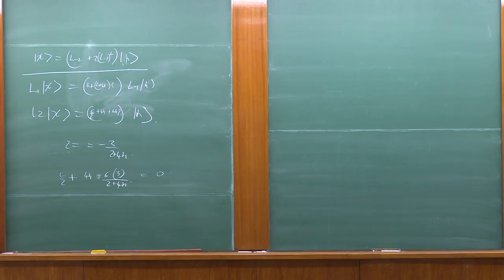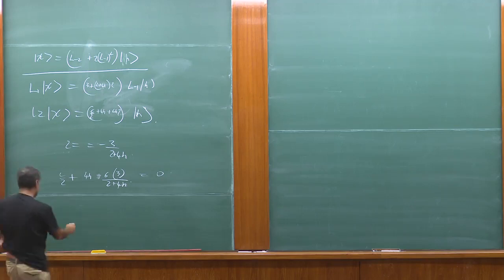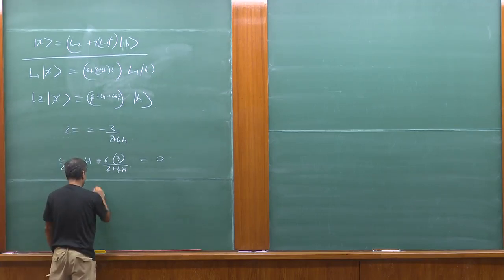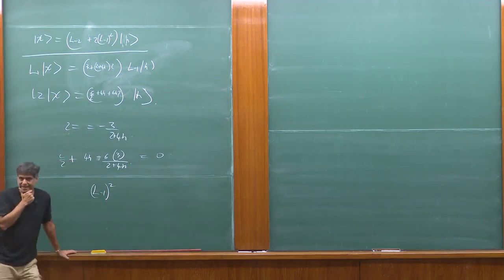I think this analysis will not give you h equals 0 because we are looking at L1 and L2. Yeah. But you could ask, shouldn't L minus 1, the whole thing squared, have been null?